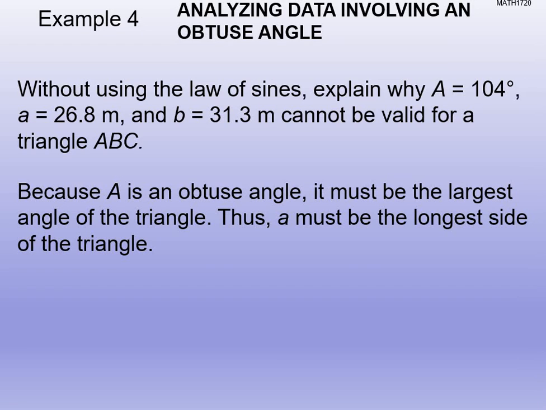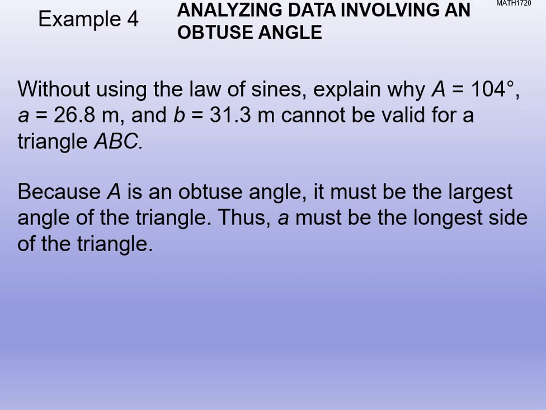If we remember rule number 3 from a few slides ago, the largest angle has to be across from the largest side. Well, if A is obtuse, at 104 degrees, it's the largest angle. There are not any other angles in this triangle that can be greater than 104 degrees and still have a valid triangle.